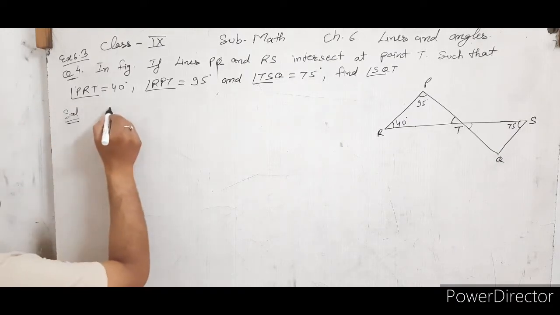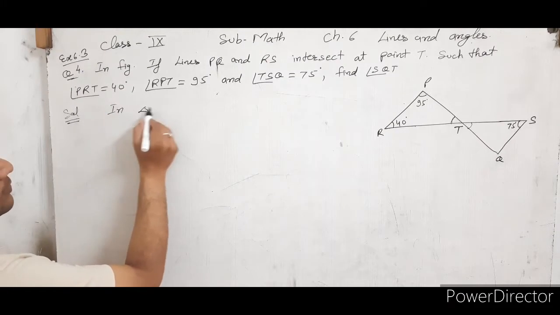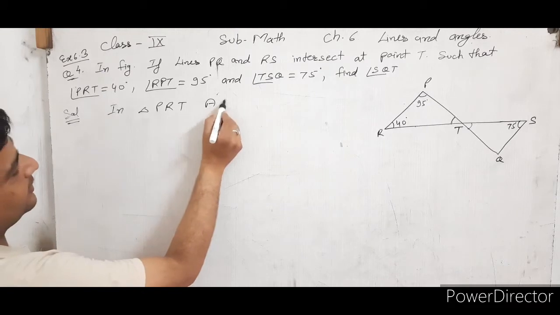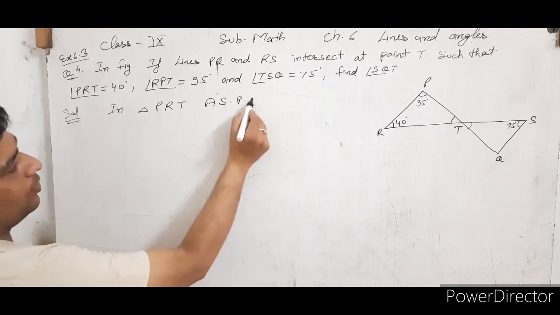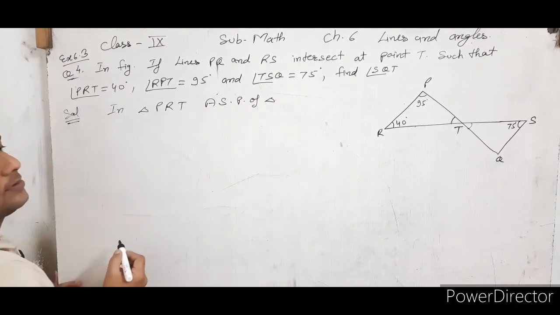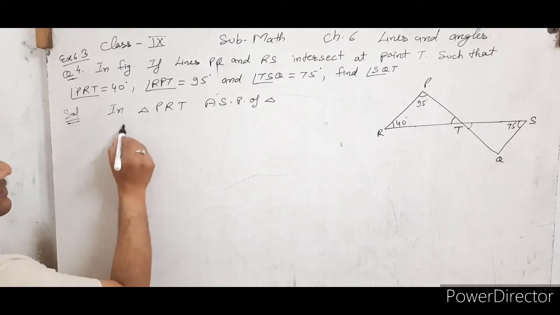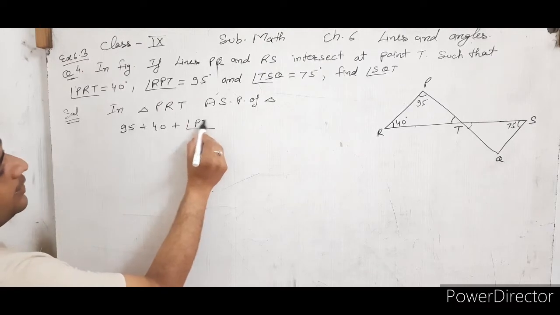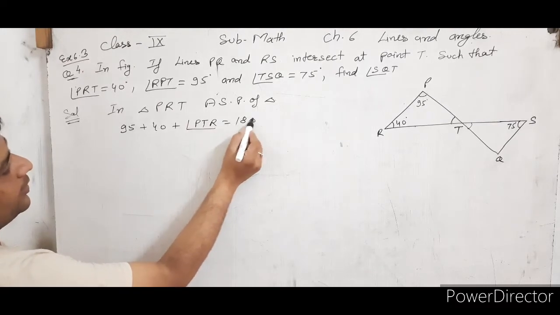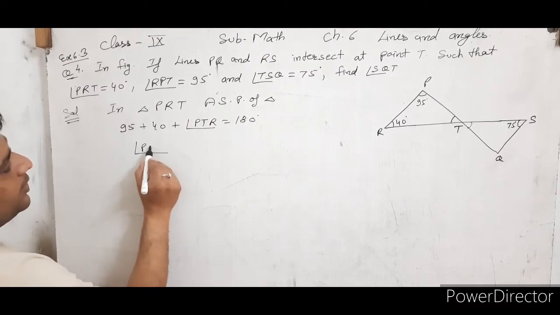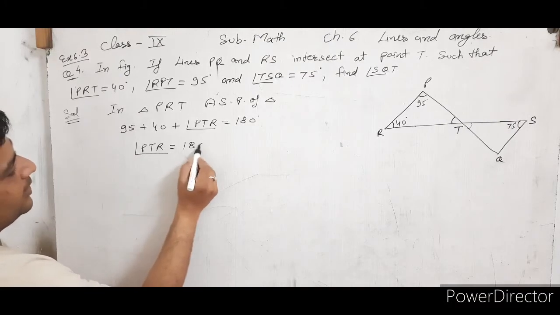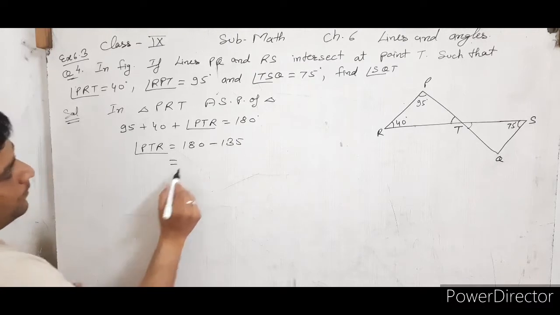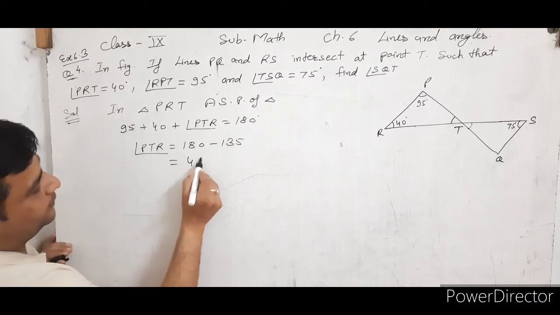So now in triangle PRT, angle sum property of a triangle: 95 plus 40 plus angle PTR equals 180. So angle PTR equals 180 minus 135, that is 45.